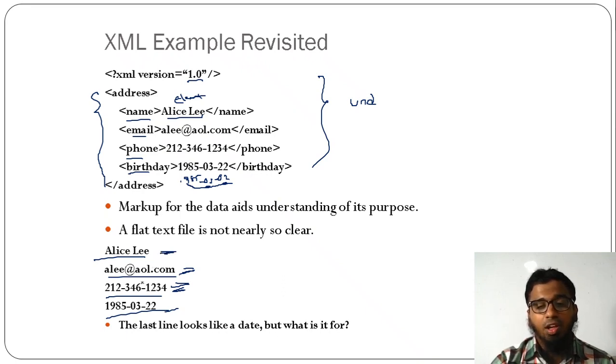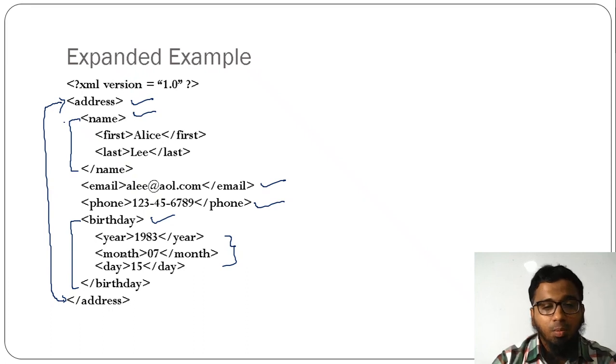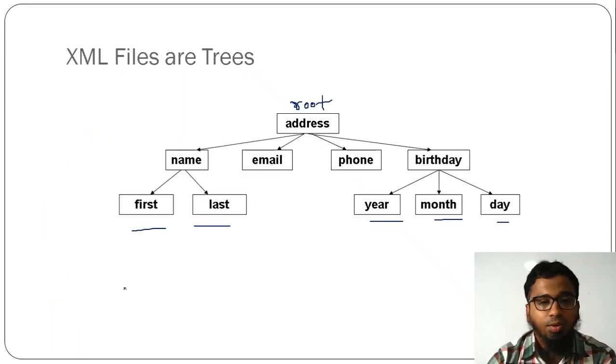We don't know. Is this a date of birth or an application date? Whenever you write like this, you can easily recognize the data when you come back. So you can expand to first name, last name, year, month, date.